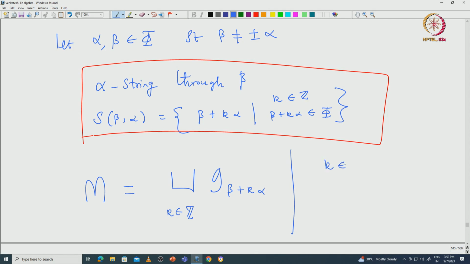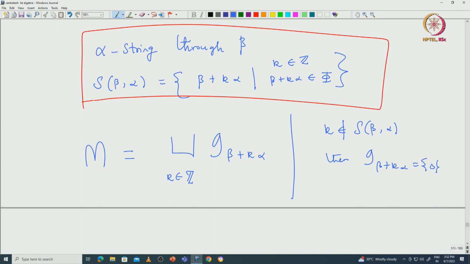And note that since g itself is finite dimensional, this S of beta alpha must be finite. That means there exists some large q such that beta plus q alpha is a root, and there exists r such that beta minus r alpha is also a root.